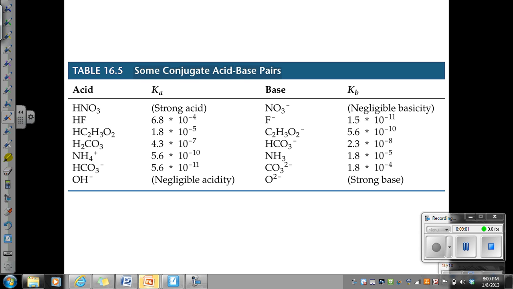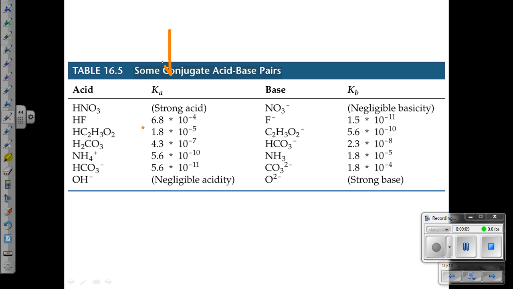You will be using it frequently. The Kas are on page 1115. The Kbs are going to be on page 1116. So if you want to look at a whole bunch, look there.